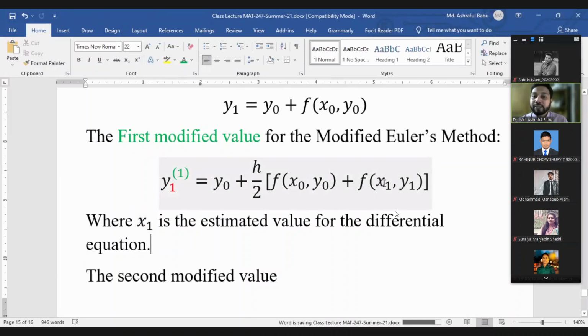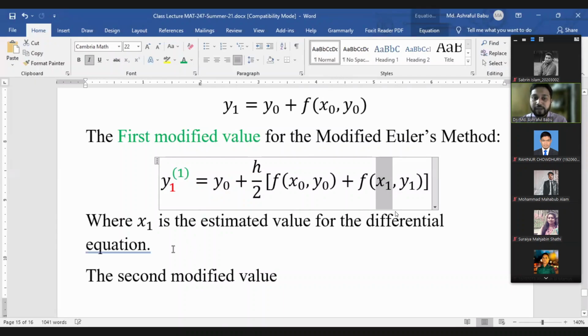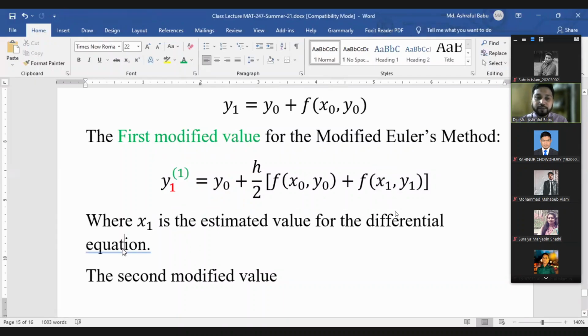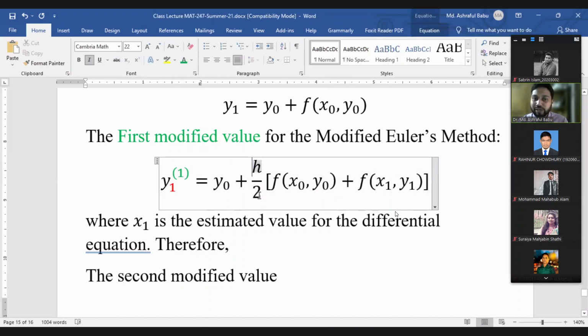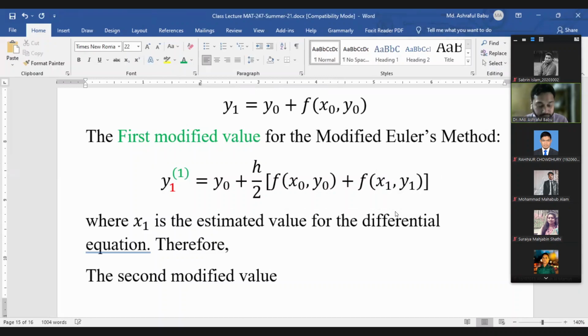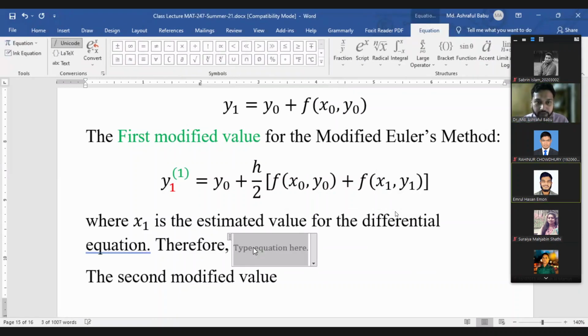And if x1 is given, then which one is left? The unknown value is h. We have to calculate the h. If x1 is given, what will be the h? You already know that x1 equals x naught plus h.